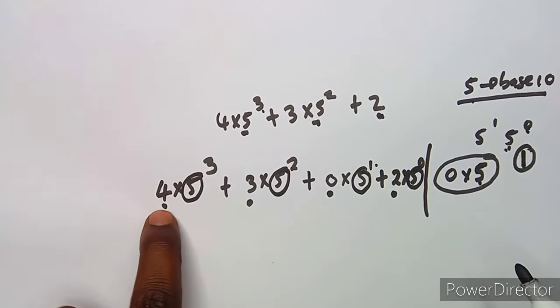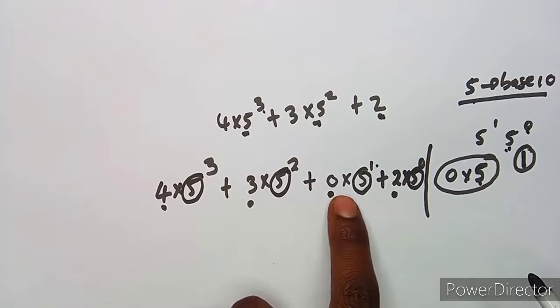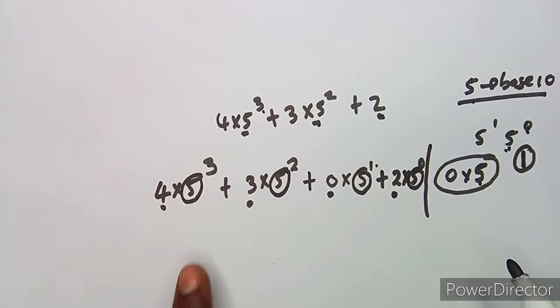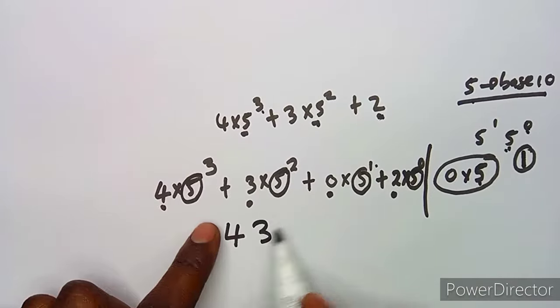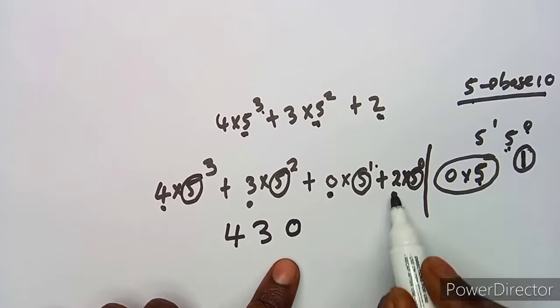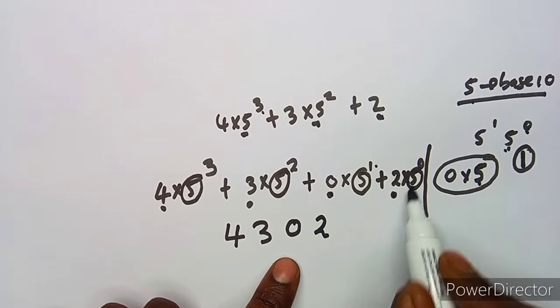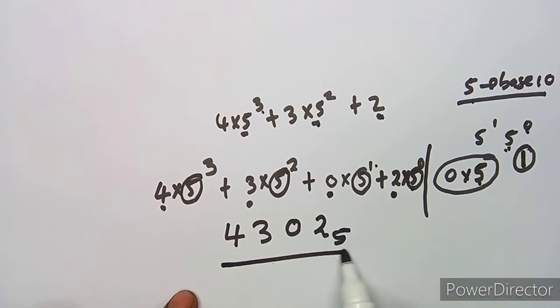And these are the numbers in that base, which is base 5. And they want us to give this number in base 5. So these are the numbers in base 5, which are 4, 3, here we've got a 0, and here we've got a 2, in base 5. So we can obtain our answer in a direct or simpler manner like that.